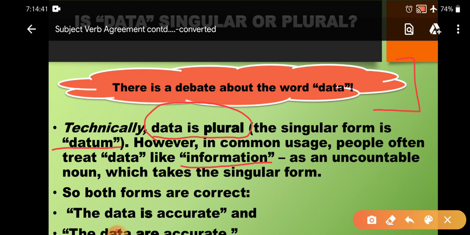We never say the information are correct. So data is also like information in common usage. So people started using it in its singular form. The word datum, the original singular form of data, was ignored and people started using data as singular because data referred to information.